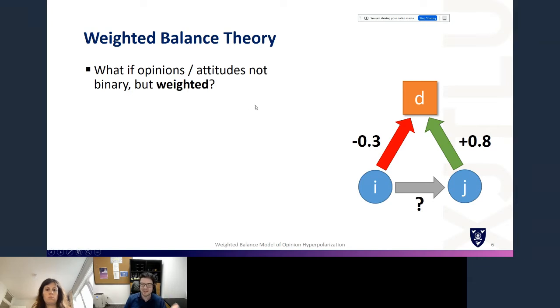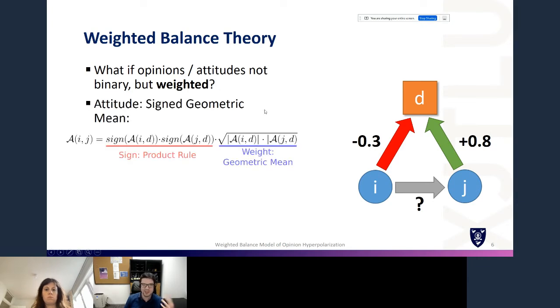With Heider's basic theory we can't do this, but we proposed what we called the signed geometric mean. The sign of this relation, whether positive or negative, is determined by the product of the signs of the two relations. So this would be minus times plus, and as we know from elementary school, minus times plus is minus. So this should be a negative relationship.